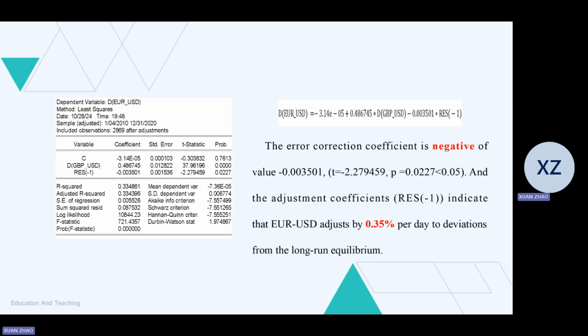So the relationship between GBP USD and Euro USD is significant, which means that the difference of GBP USD will bring about a short-term volatility equilibrium adjustment. So when we predict the future exchange rate of Euro USD, we can use the exchange rate of GBP USD as the baseline. This is the practical implication.